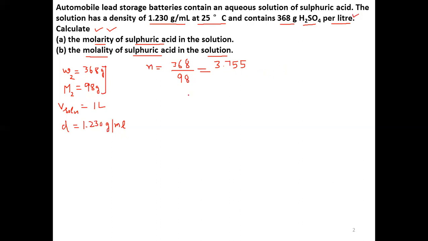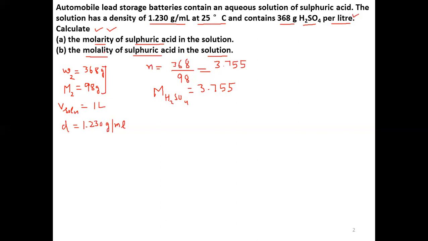So molarity, denoted by capital M, of sulfuric acid H2SO4 is equal to 3.755.